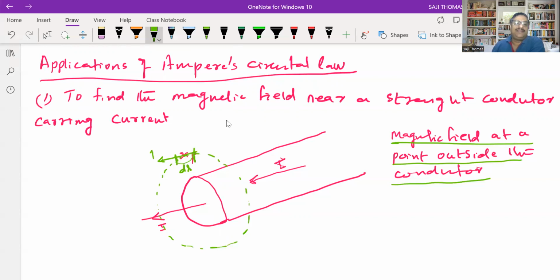So dl and magnetic field are parallel at every point on the loop. The radius of this conductor is, say, capital R, and the radius of this Amperian loop is small r.